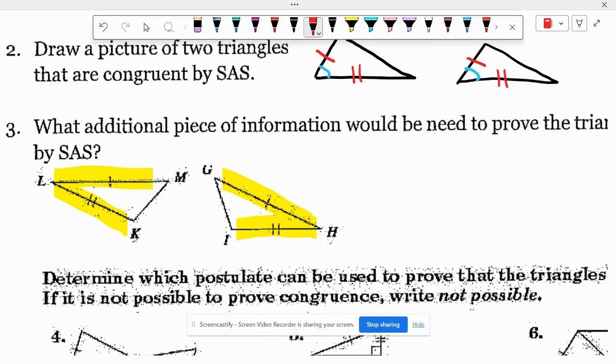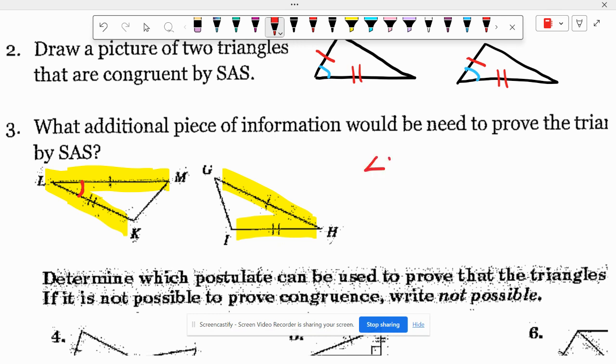What angle do those two segments form on the first triangle? Do you guys see that these two lines make an angle right here? Do you see that? So this is the included angle.